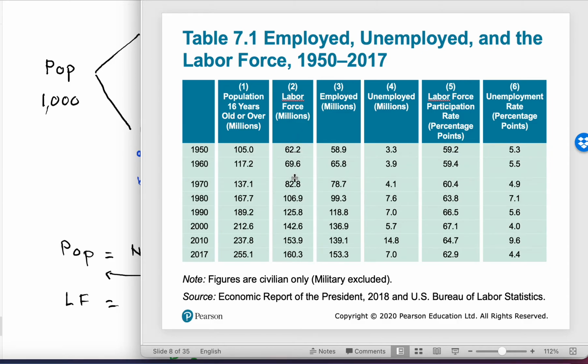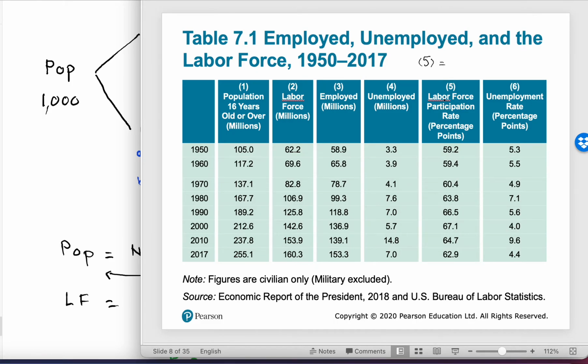And the labor force is shown in the second column. Employed and unemployed are in the third and fourth. So if you add them, it's going to be equal to the labor force. And then the labor force participation rate is in column 5.